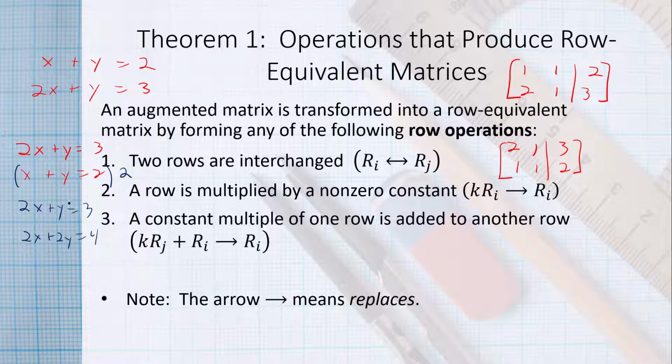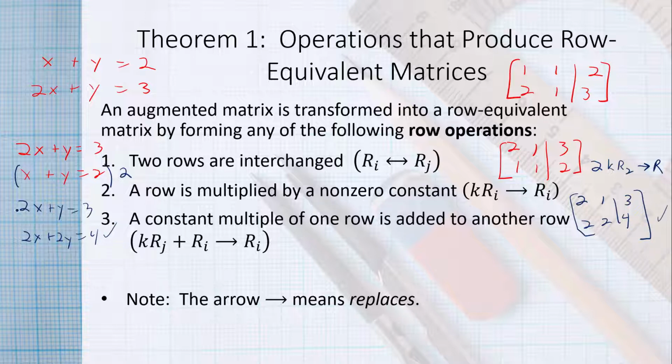These would be equivalent equations. The solution set would be the same. Well, that would be the same as multiplying this by 2 and just putting it back in that particular row. And that would give us 2, 1, 3, 2, 2, 4.